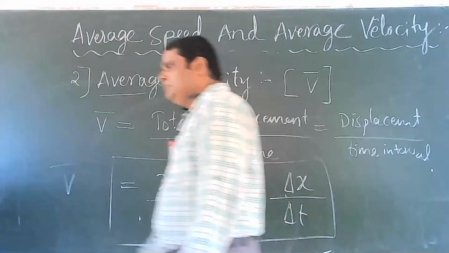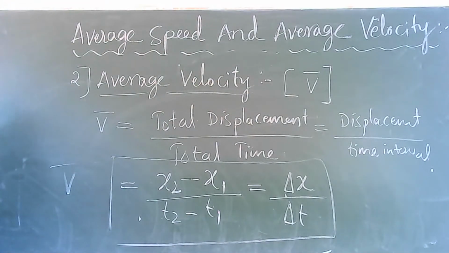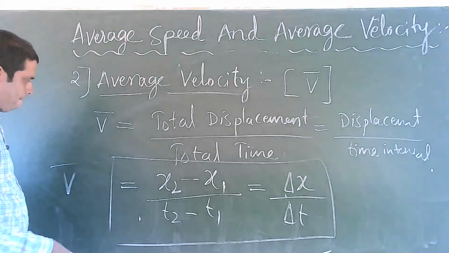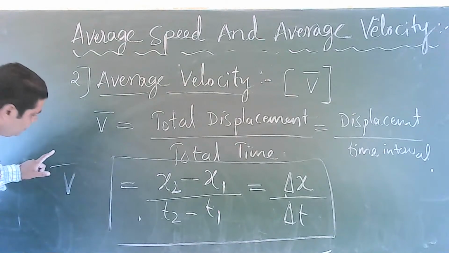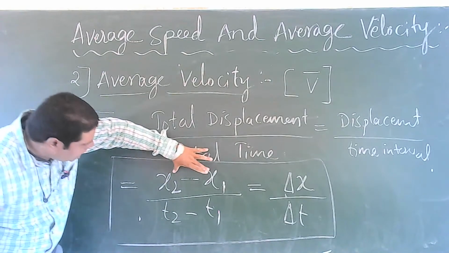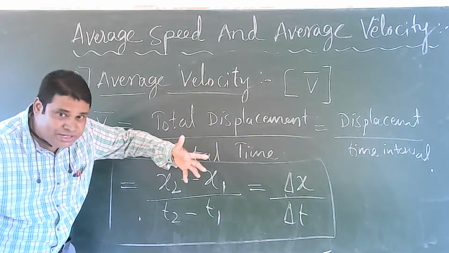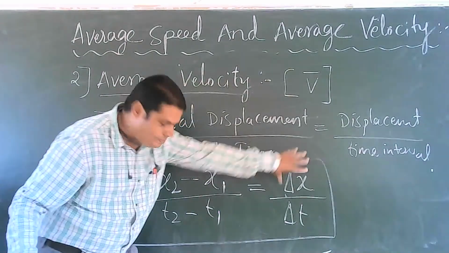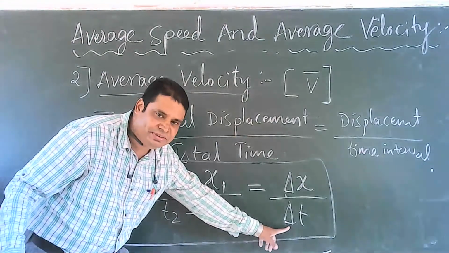How to define this? Okay, we are discussing the definition, right? Average velocity is defined as change in position, x2 minus x1, or displacement delta x, divided by time interval.